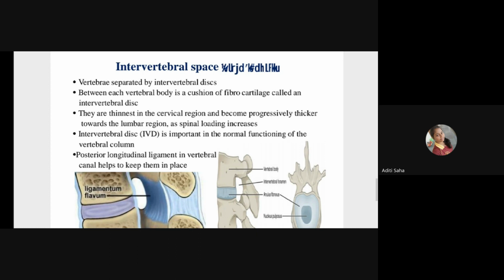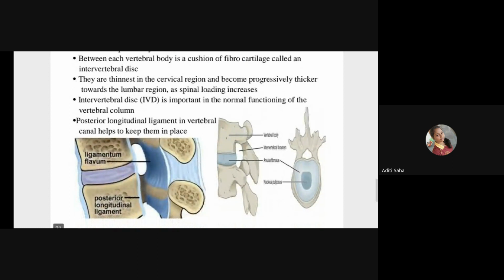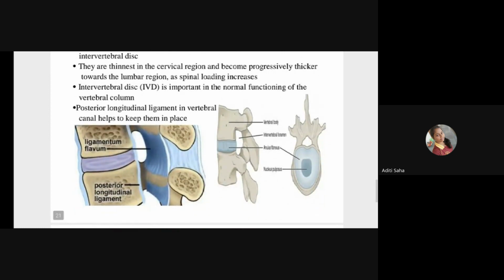Okay. The posterior longitudinal ligament is present in between the spinal processes of two vertebrae. Okay. See the picture.